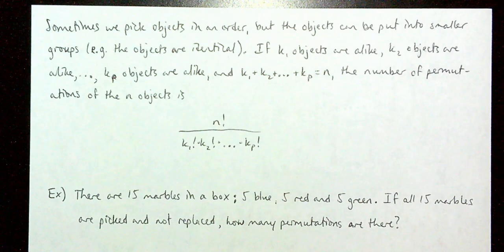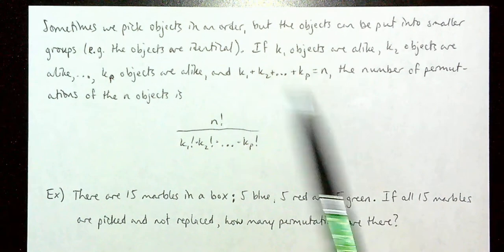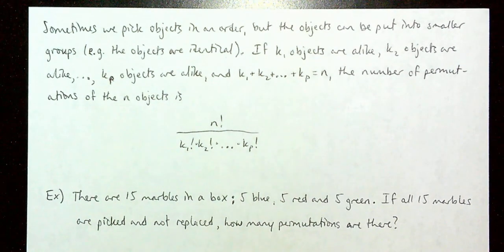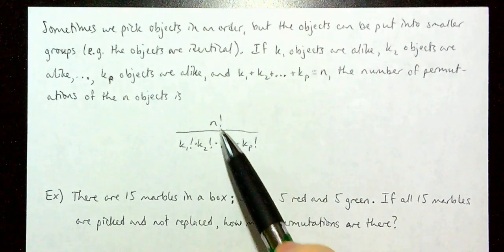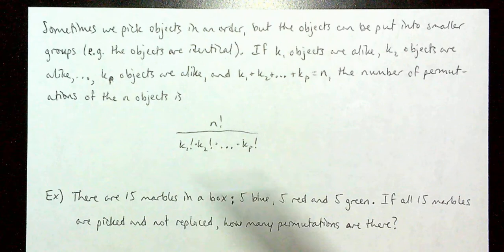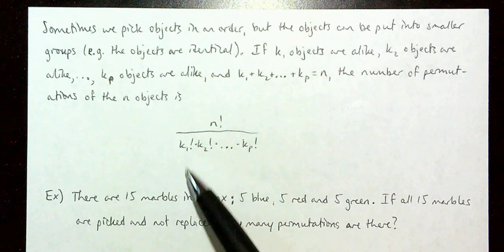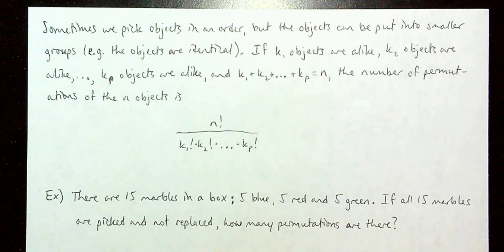And if you add up the number of things in each group, you get your total number of objects, n. Then the number of permutations of these n objects is going to be n factorial divided by k1 factorial times k2 factorial times k3 factorial times kp factorial.